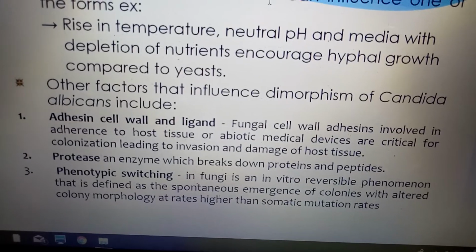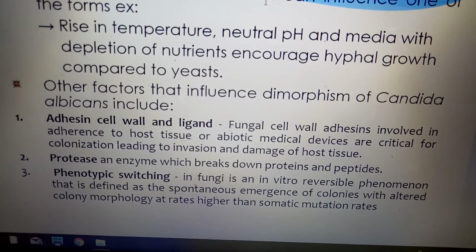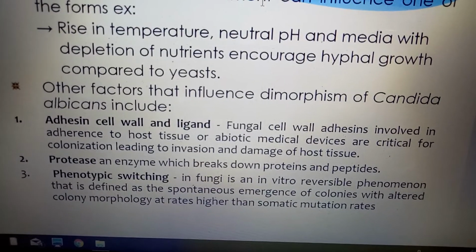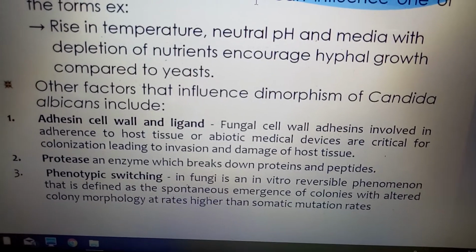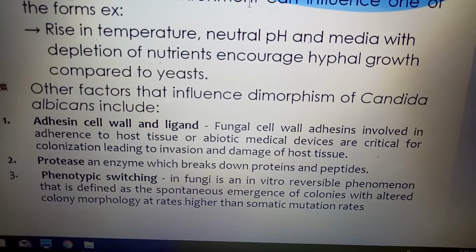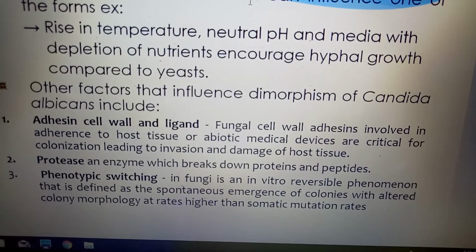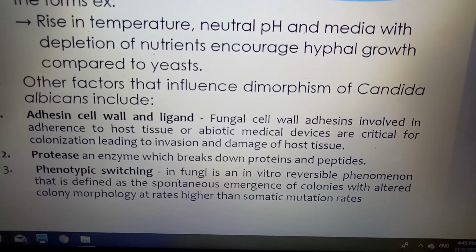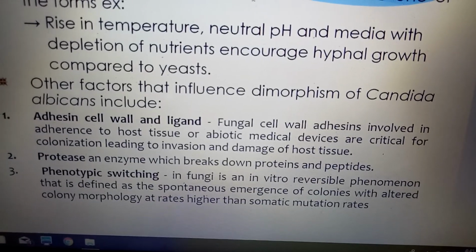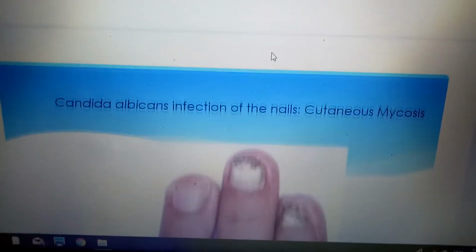Factor number 2, protease, an enzyme which breaks down proteins and peptides. And number 3, phenotypic switching in fungi is an in vitro reversible phenomenon defined as the spontaneous emergence of colonies with altered colony morphology at rates higher than the somatic mutation rate.